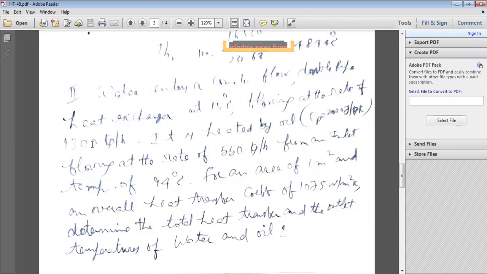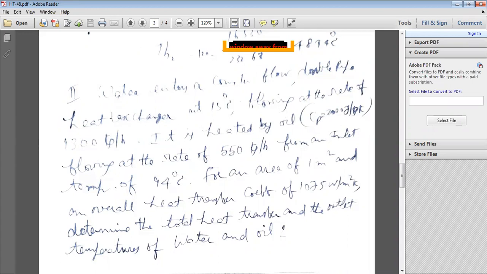Mass flow rate of water is 1300 kg per hour. You have to convert to kg per second, 1300 divided by 3600. And it is heated by oil.